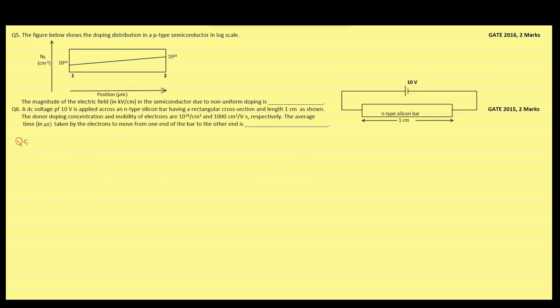For question 5, we can assume that the semiconductor is in equilibrium. Therefore, net current will be 0, and net current is equal to diffusion current plus drift current. For holes, diffusion current is equal to this, and drift current is equal to this.